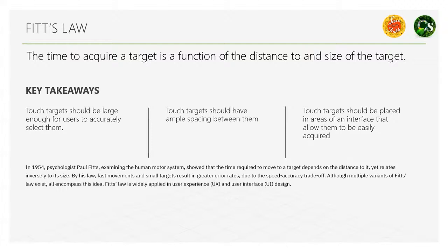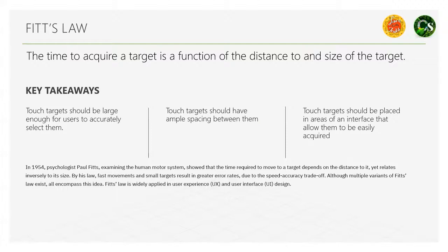Also understand, these touch targets, whether it's a button or checkbox or radio button, should be very near to the last form field so that it is much easier for the user to reach them. The more distance you keep, the more time it will take to reach them, and that will actually slow down the process.